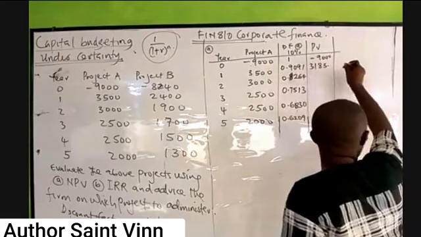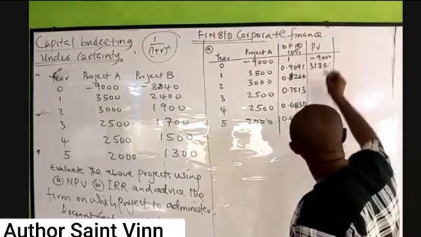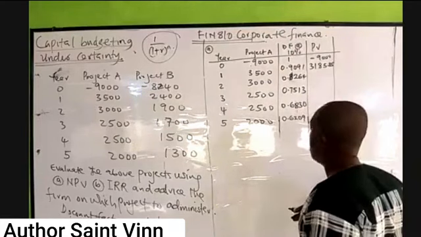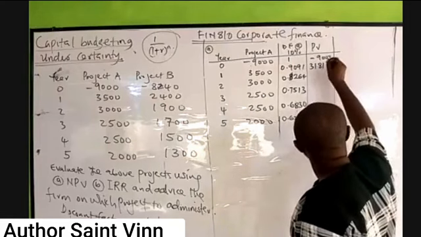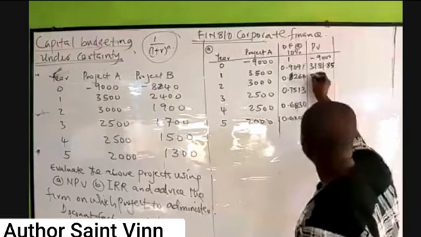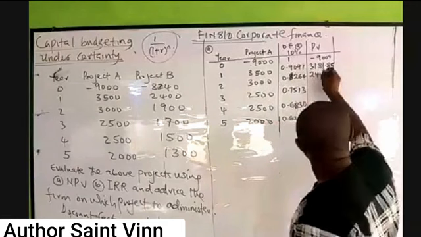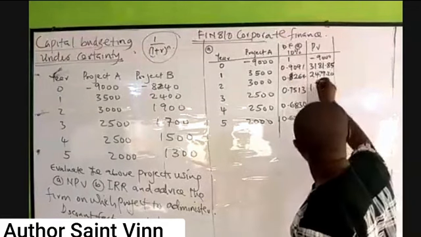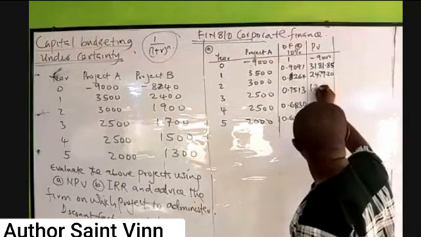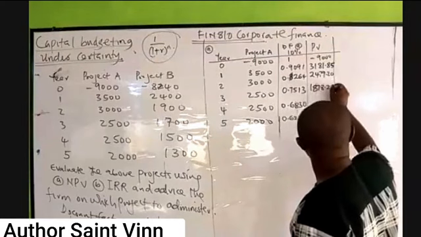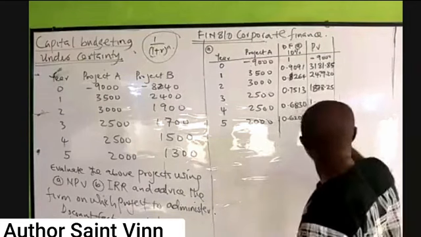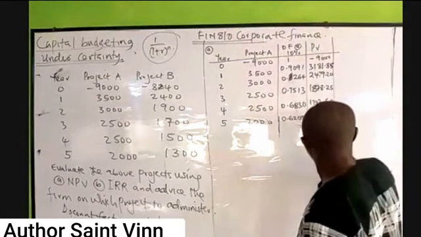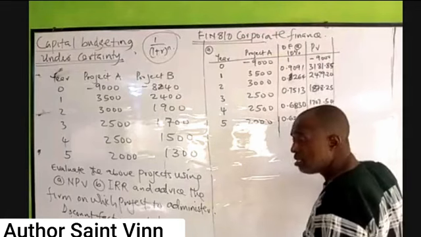Then the next values: 3,181.85, 479.20, 878.25, 1,707.50, 241.80.